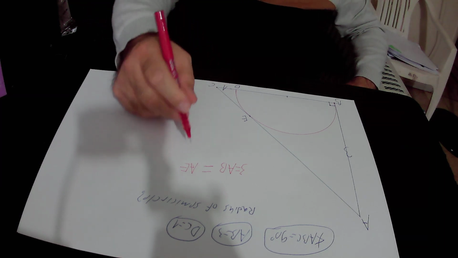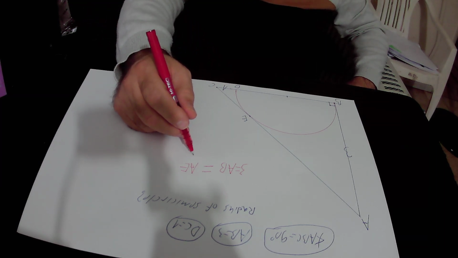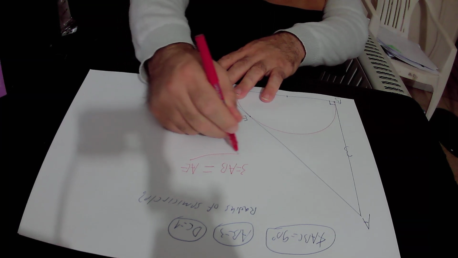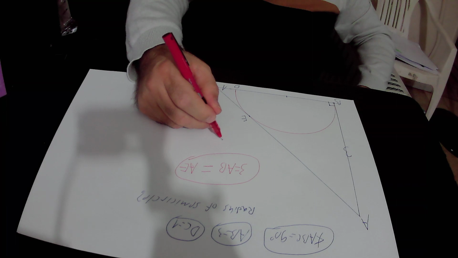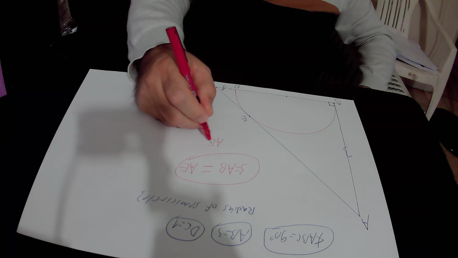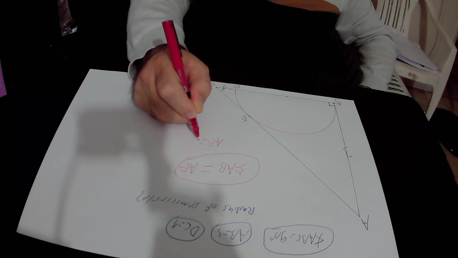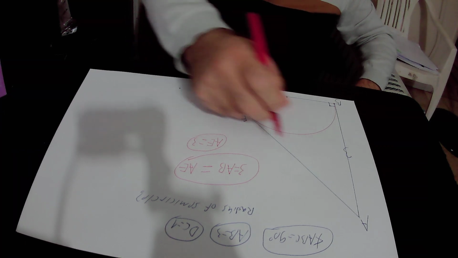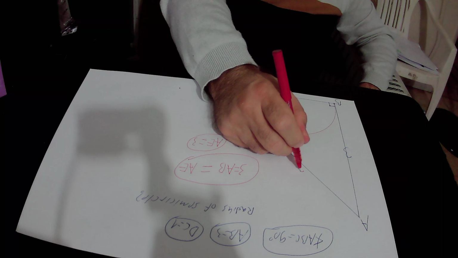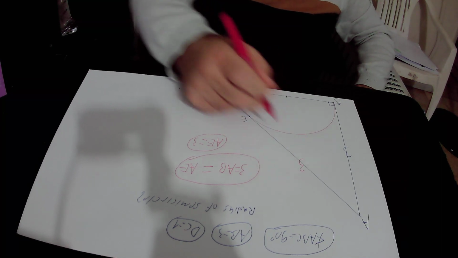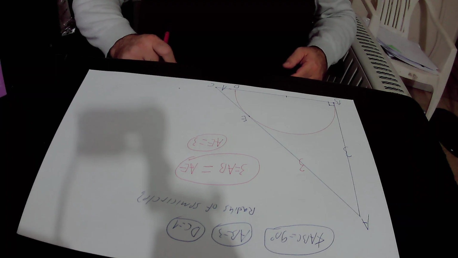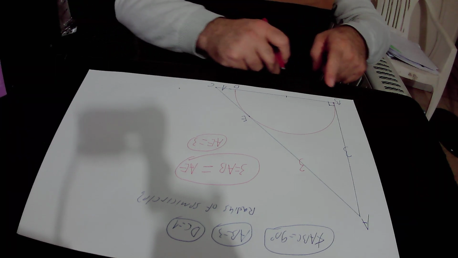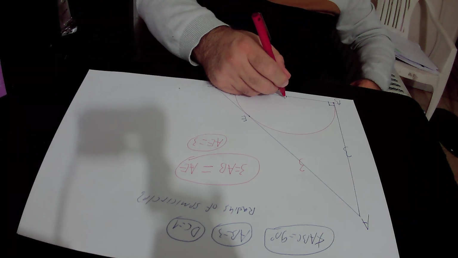So from this equality, AB equals AE equals 3, we derive that AE also equals 3 units. We can write here that AE is 3 units, and we will define the center of this semicircle as point O.